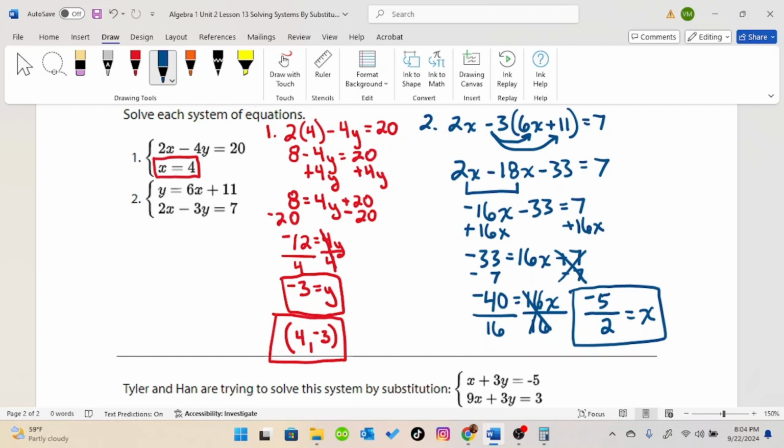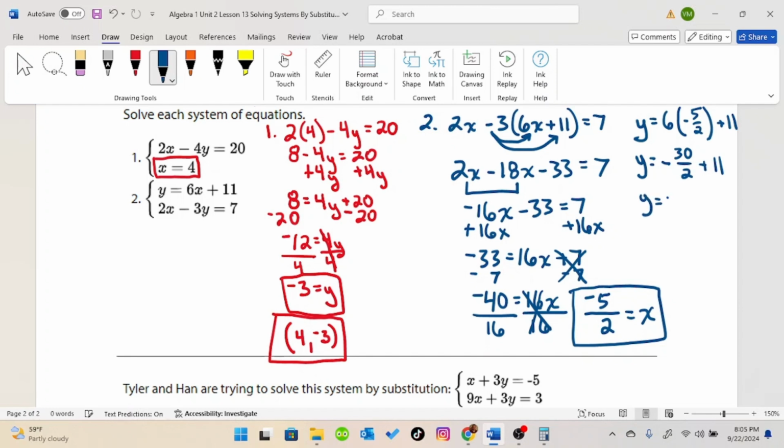Now we could take this value of x and substitute it into the top equation that solves for y. y equals 6 times negative 5 halves plus 11. Six times negative 5 halves is negative 30 halves plus 11.